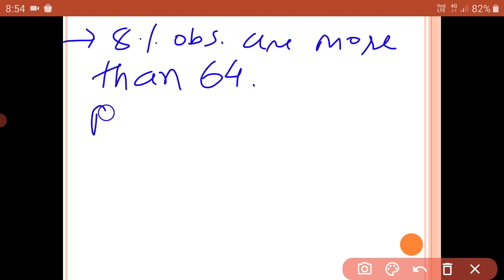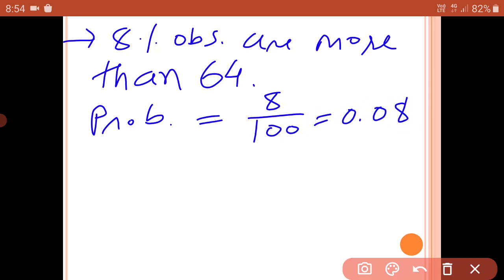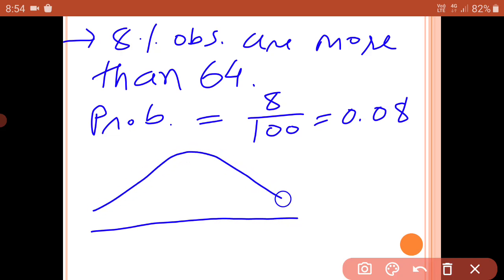So the probability is, 8% means 8 upon 100, so 0.08. And in the diagram format, here the word used is more than.